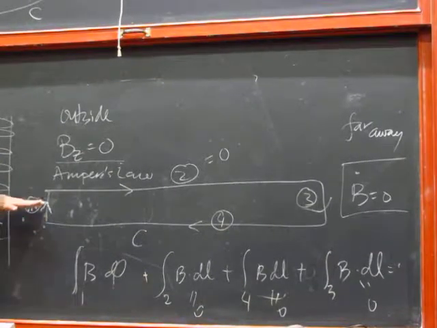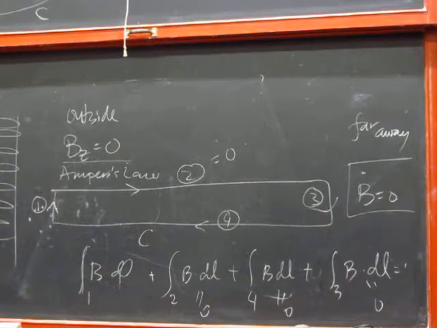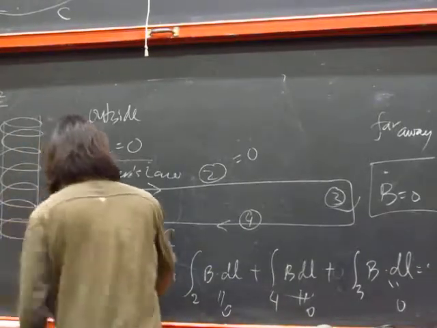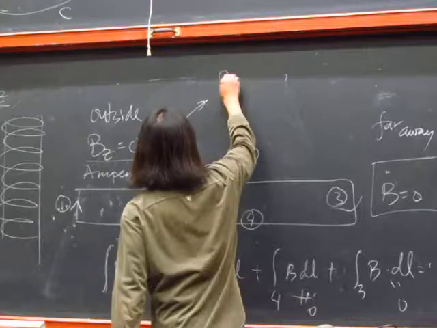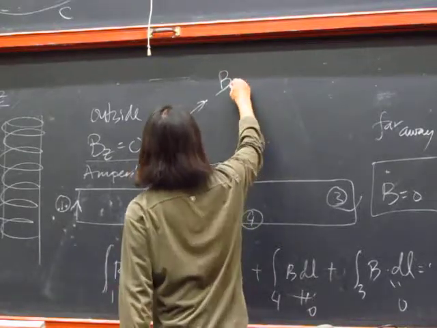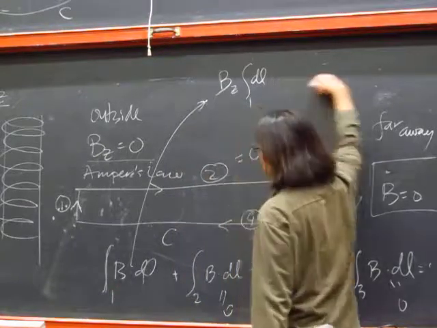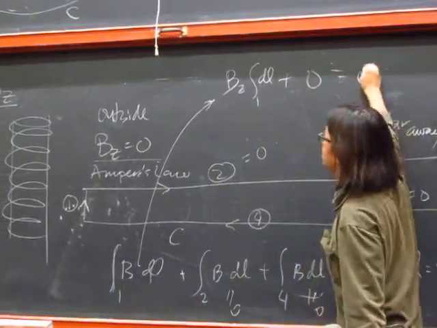Also by symmetry, this thing is infinite, so it doesn't matter whether you're here or you're here, it's the same, because of translational symmetry in this direction. So I can pull the B_z out of this integral, B_z times L, and the whole thing has to equal the current enclosed, which is always 0.